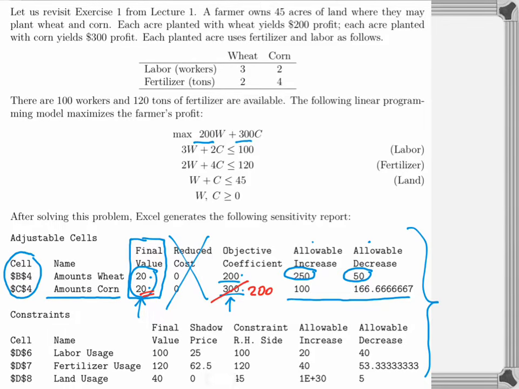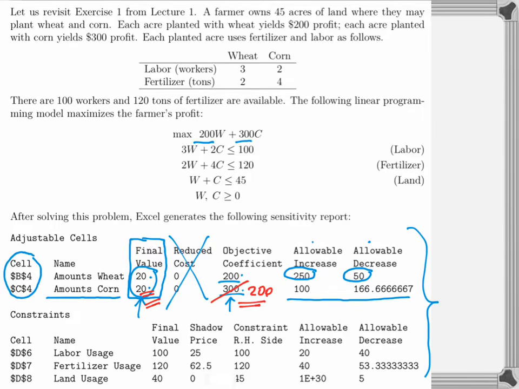So despite not changing what I do, the value of what I do has gone down by how much? Well, I lost $100 20 times, right? So that means $2,000 less overall, 100 times 20. So my new solution would still be 20 wheat and 20 corn, but my profit would be $8,000 if I lowered the profit for corn from 300 to 200.